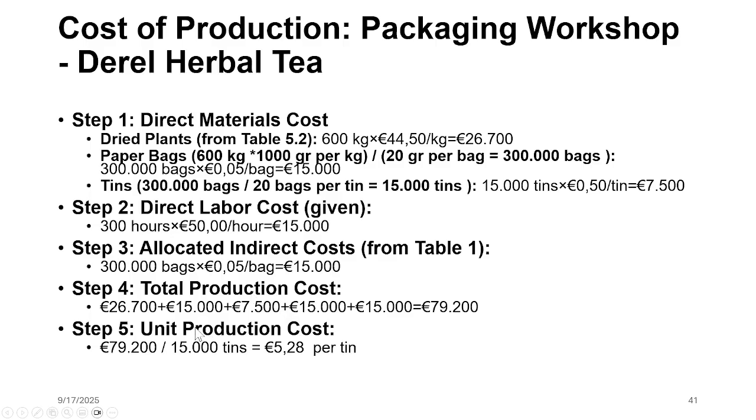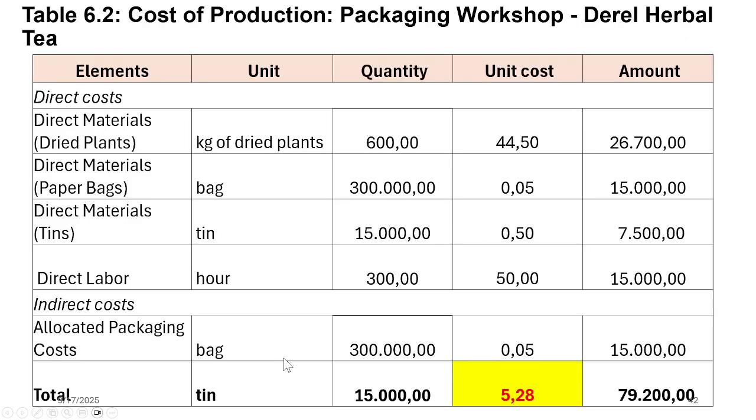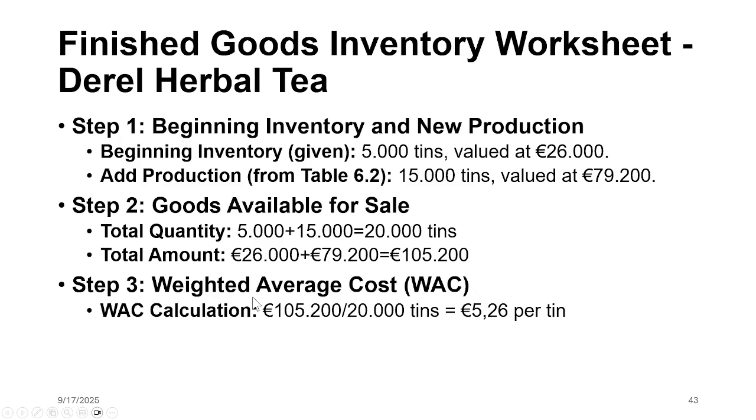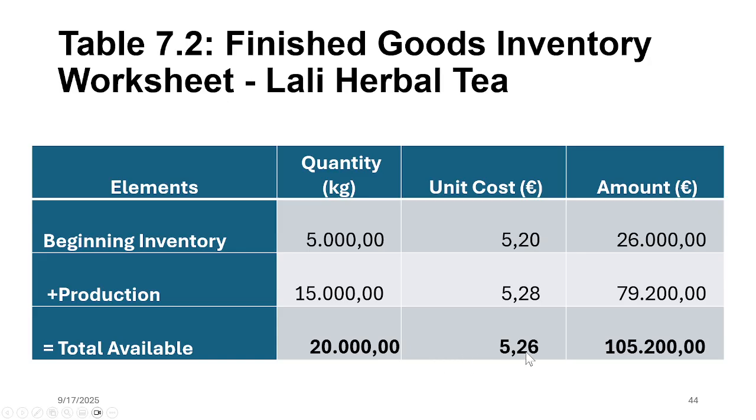So we have a unit production cost of 5.26 per tin. So here is our table. We also apply the 6th step to calculate the finished goods inventory. So we have 5.26 of the goods inventory per tin.